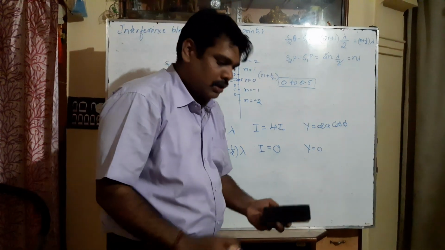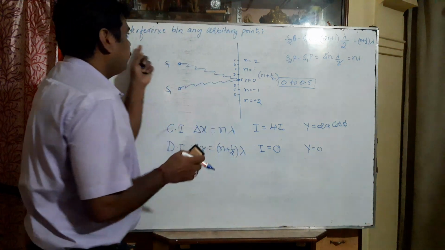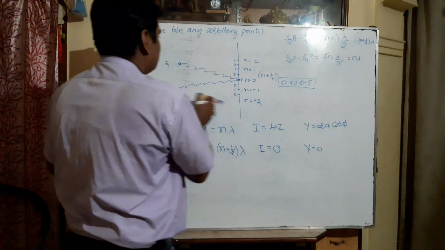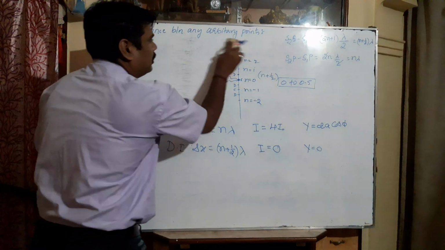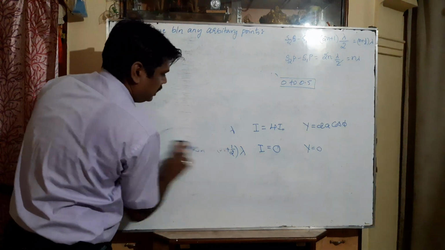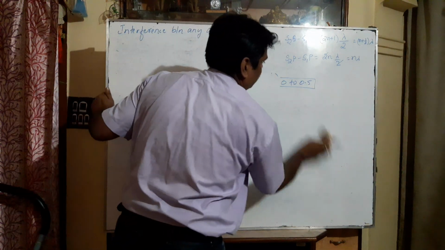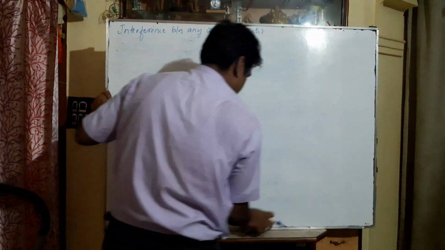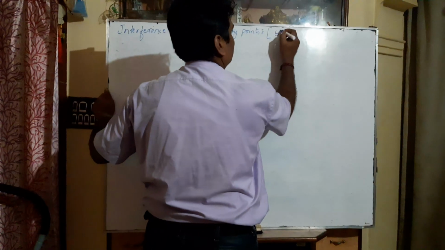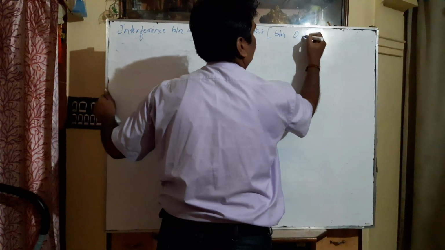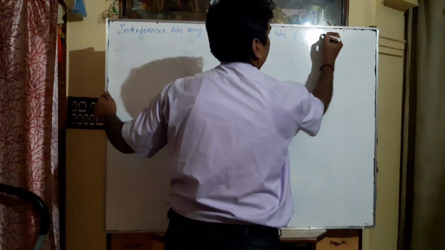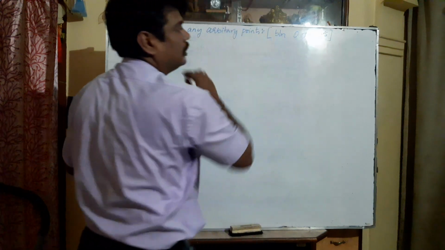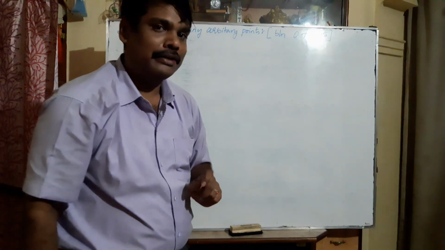Clear now? So what I am taking is the interference between any two arbitrary points, or any fractional position other than the 0.5 value. So I will take between 0 and 0.5, not on 0, not on 0.5.